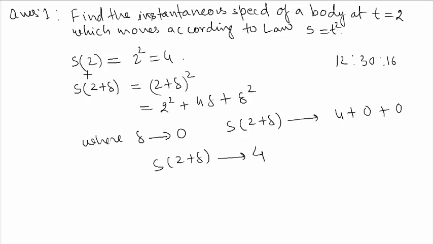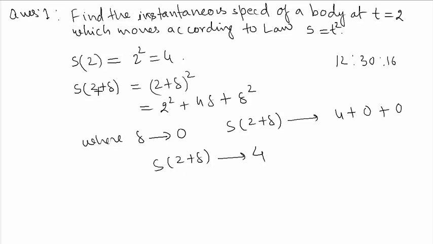Some student may say that sir, this is also going to be 4 and this is also going to be 4, why are we doing it like this? If he is asking this question, this means that he hasn't understood the concept of limit.